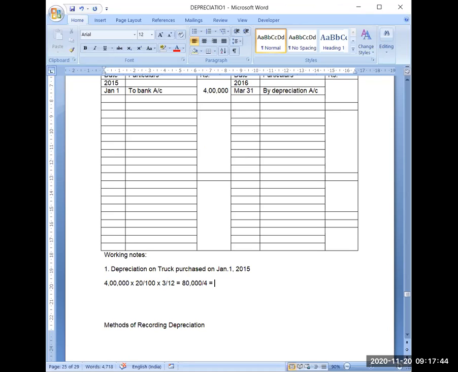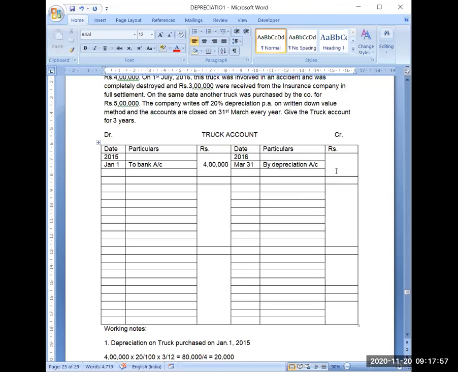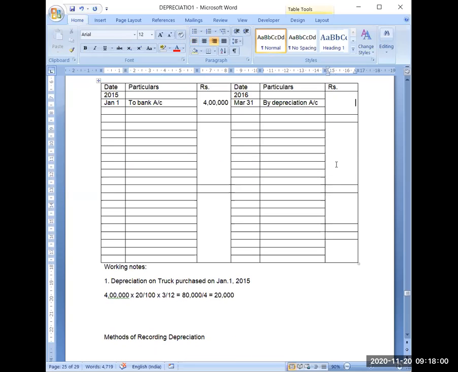And we will solve it, it will become 20,000. So 20,000 is the depreciation.